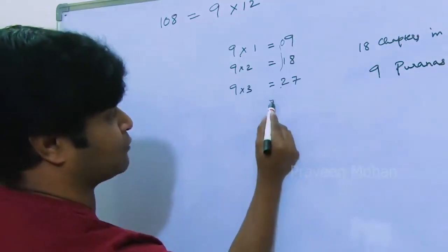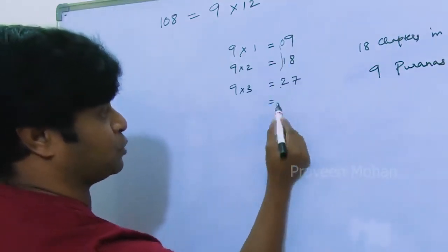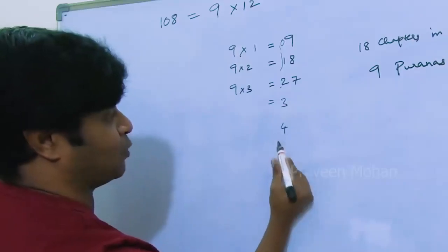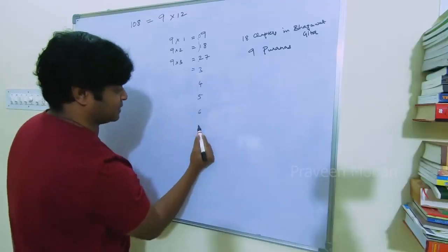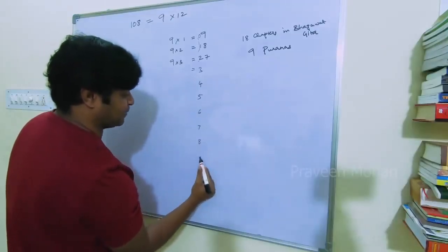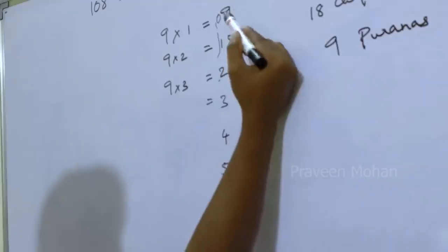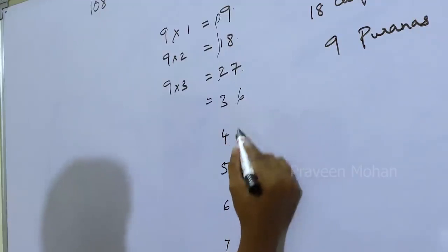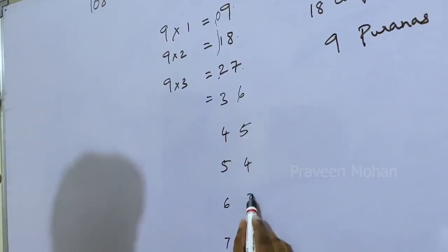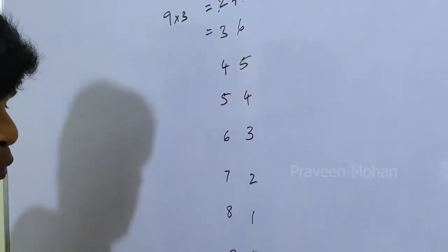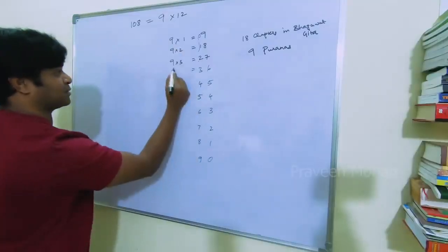So now all you have to do, 0, 1, 2, 3, 4, 5, 6, 7, 8, 9, right? And then here, 9, 8, 7, 6, 5, 4, 3, 2, 1, 0. Now this was your tables.